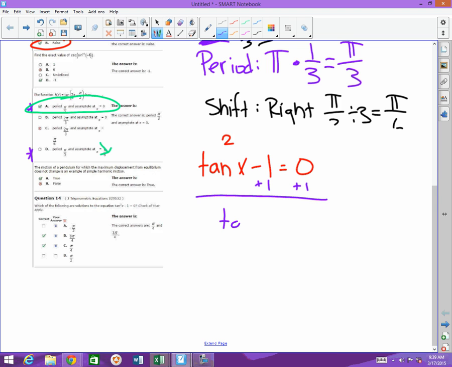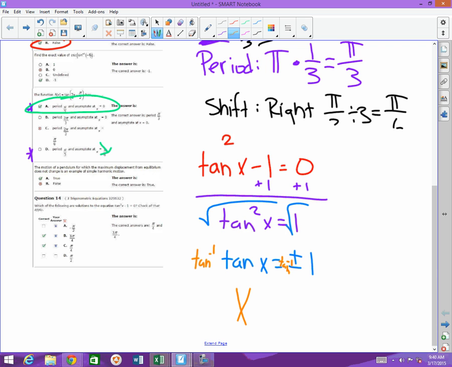So now you have tangent square root of x equals 1. The next thing you do is take the square root, and tangent of x then is equal to plus and minus 1, because the square root of 1 is 1. Then to get rid of tangent, you have to do inverse tangent to both sides. So x equals inverse tangent of plus and minus 1.